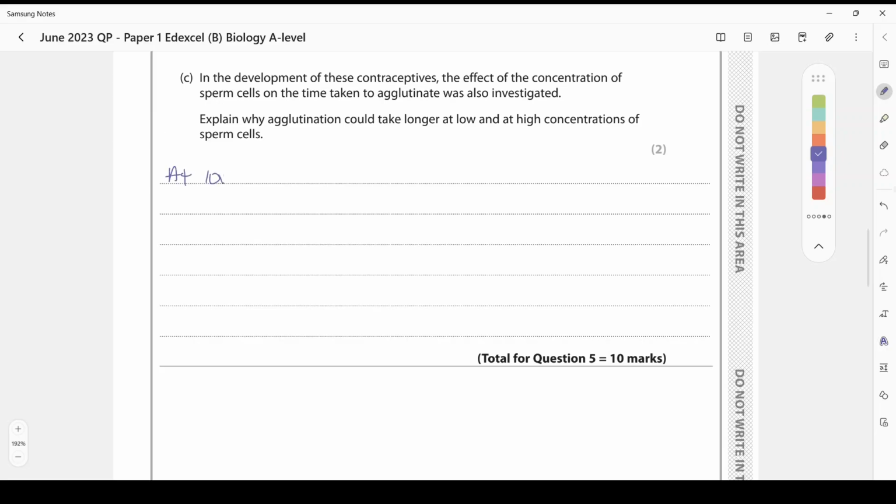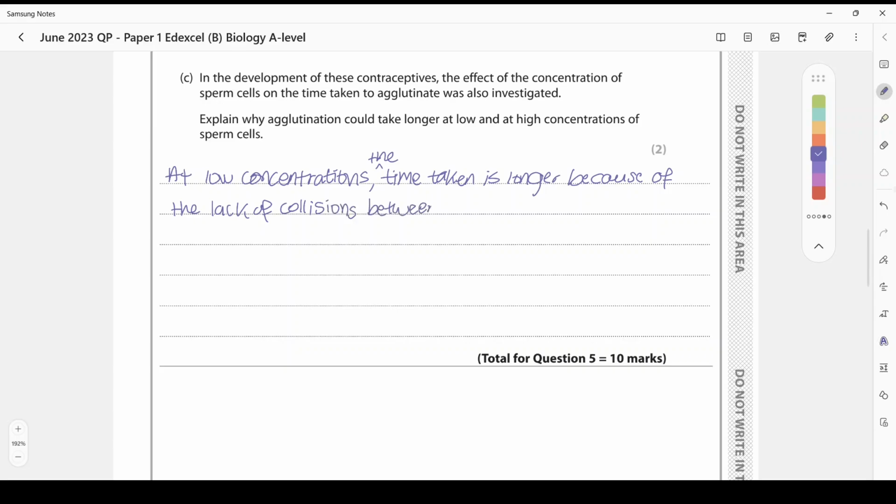So at low concentrations, time taken is longer because of the lack of collisions between the sperm and the antibody.